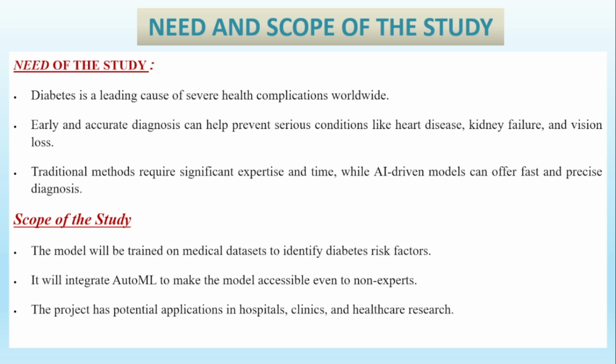Then the scope of this study: the model will be trained on medical data sets to identify diabetes risk factors. It will integrate AutoML to make the model accessible even to non-experts, and the project also has potential application in hospitals, clinics, and healthcare research.